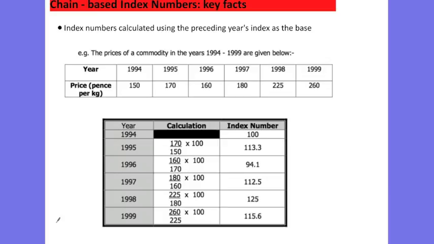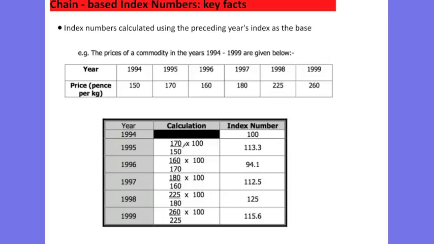So first off, we're going to use 1994 as the base year. Using 1994 as the base year, we will put the index number as 100. We will then find the index number for each one of the years that follow.